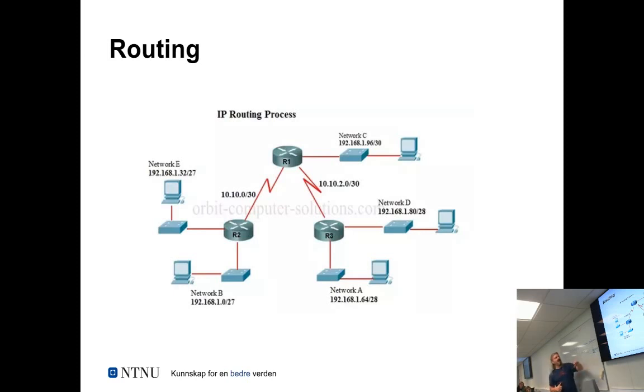So if you have a network E here with a /27, what it's saying is that this machine will have a number up to this point, and that's why it's 32, because that's probably actually the router. That's actually machine 0 in the network E, because it's got the 0 left over. This subnet will allow me to have 32 machines on it.